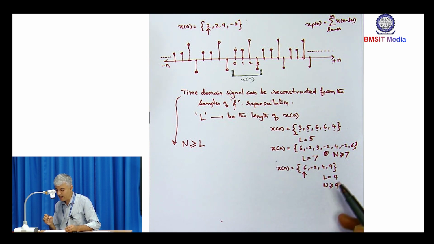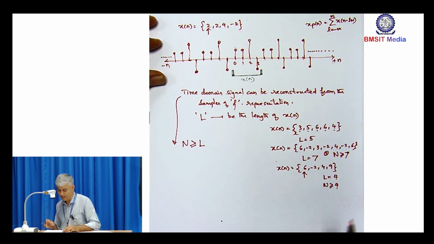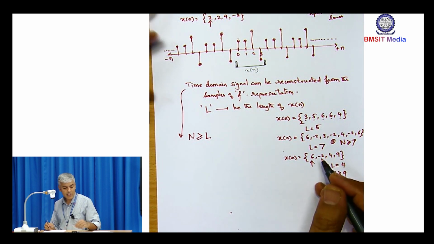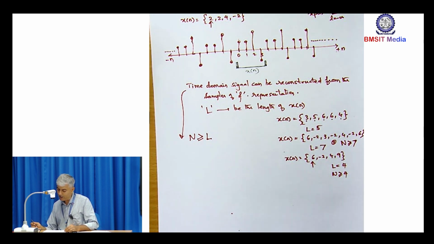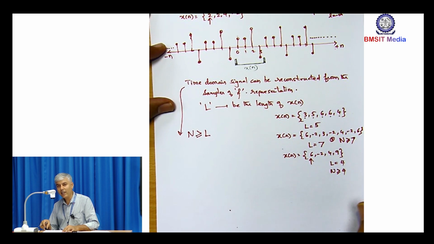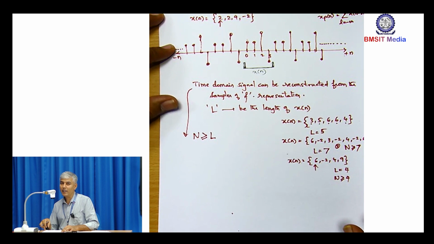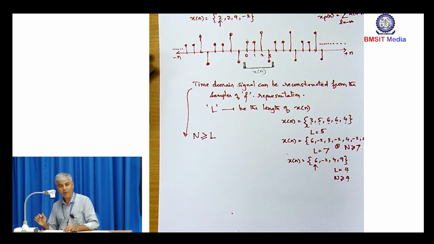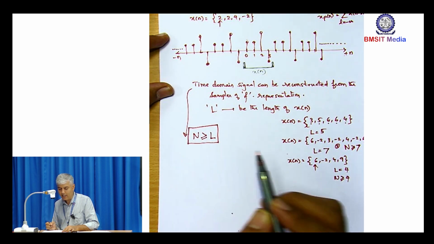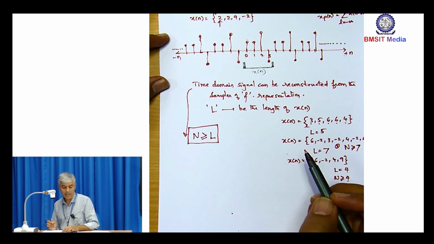So anything greater than or equal to 7 is a valid option for this N. So with this we are able to conclude that the spectrum of an aperiodic discrete time signal with finite duration or finite length L can be perfectly reconstructed, perfectly recovered from the samples of x of omega, provided this condition is satisfied, that is N greater than or equal to L. Thank you.